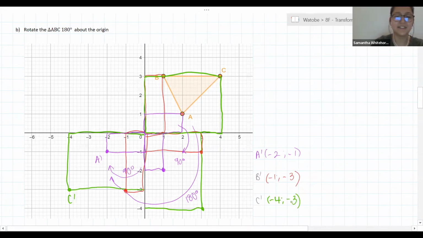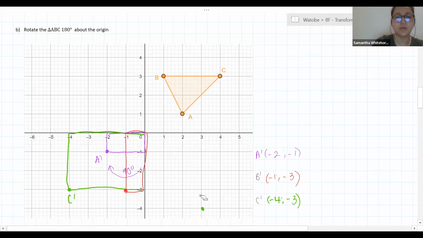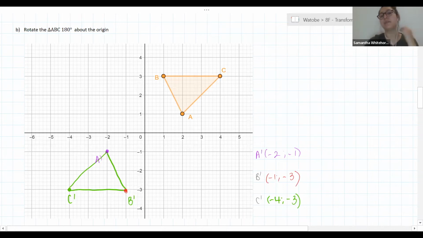So well done, guys. Right, once we've done that, obviously all of these rectangles we would do in pencil so that we can erase them afterwards so that we're not making a mess of our diagram. That would be point B. We can now draw in our triangle, obviously with a ruler and a pencil, and we have rotated this triangle 180 degrees.